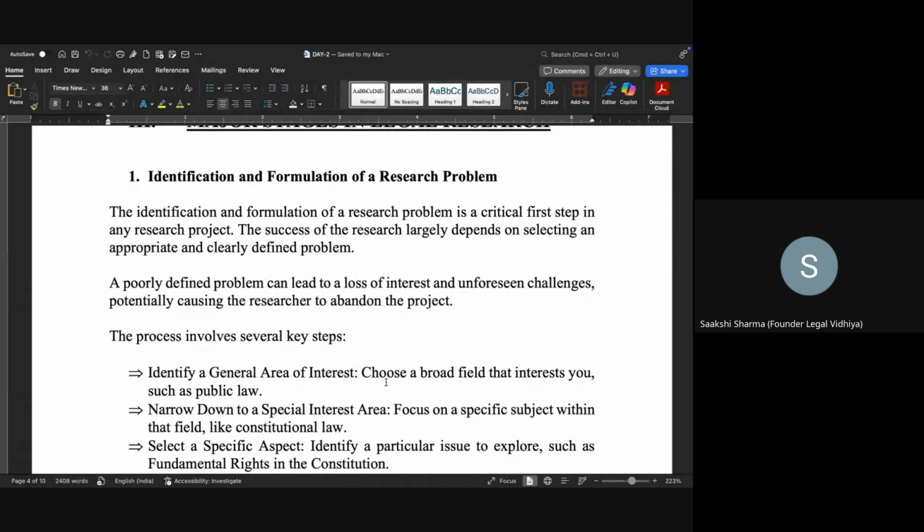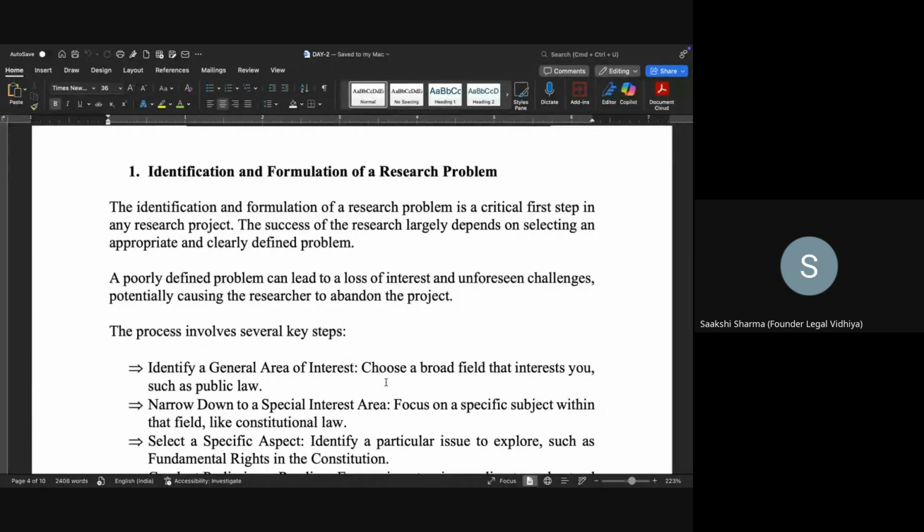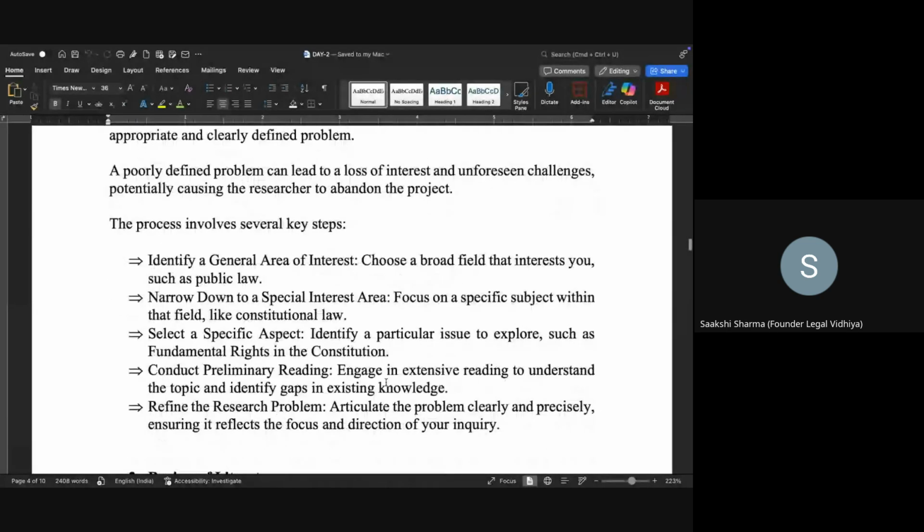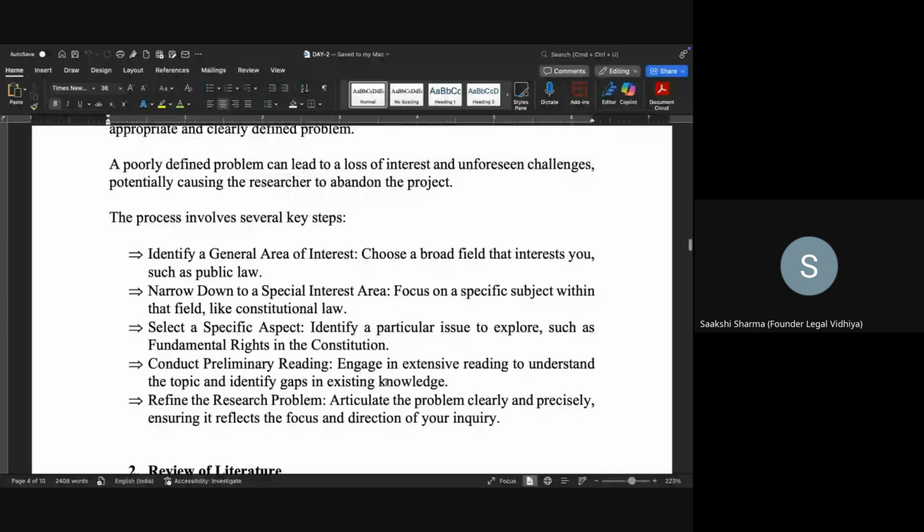So the first thing that you need to do while writing a research paper is identify what your research problem is. Now there are several key steps of identifying. First, you identify a general area of your interest. Then you make it concise, select a specific aspect, conduct a preliminary reading, and then you write a research problem.